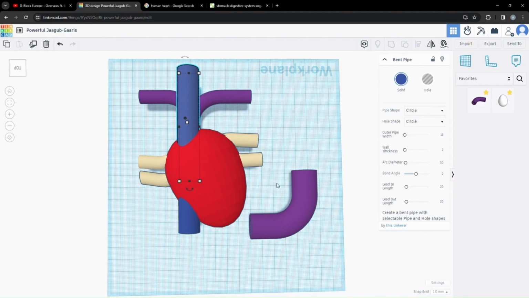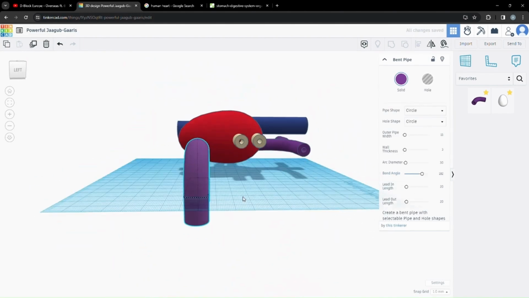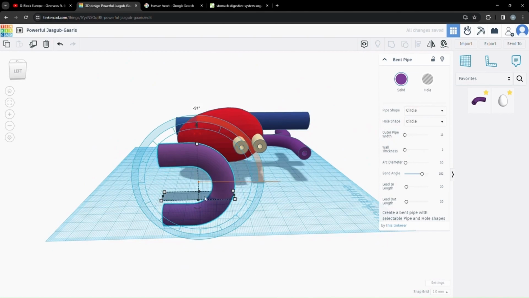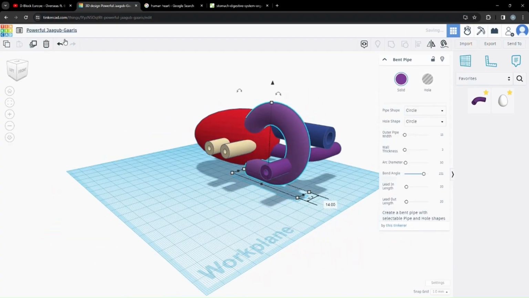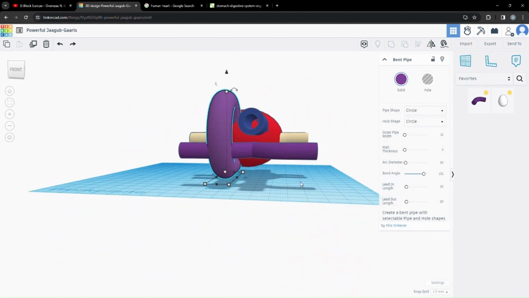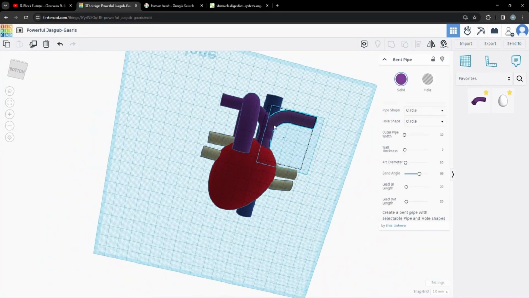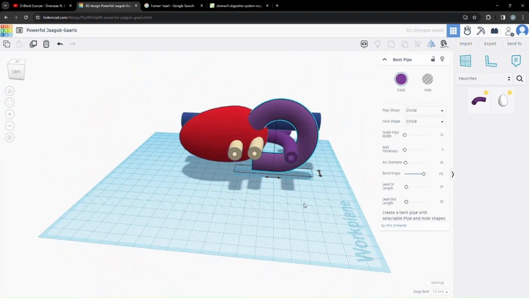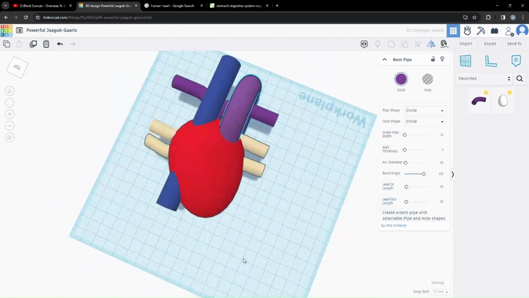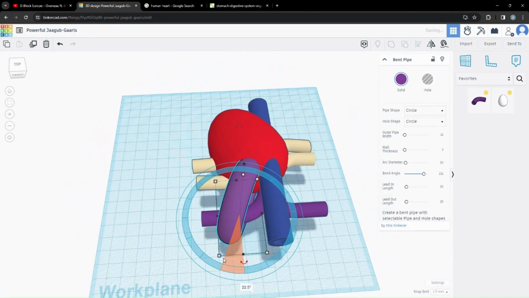The right ventricle has the deoxygenated blood that comes from the upper body and lower body through the superior vena cava and inferior vena cava, and it will pump to the pulmonary artery to go to the lung, and from the lung it will come through the pulmonary vein to the left ventricle.